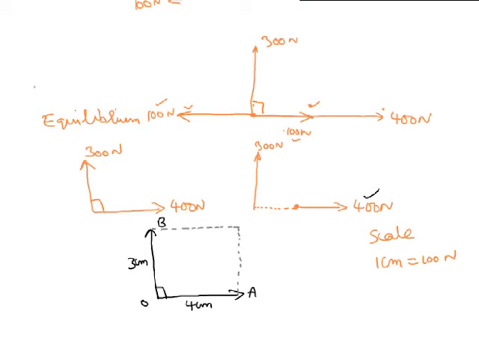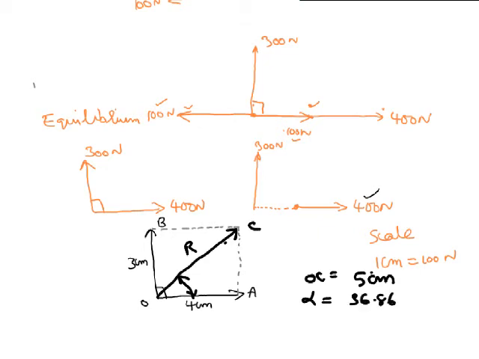In this case, the parallelogram is a rectangle, and you join this to find the resultant. If you actually take a scale and draw it, you will get this length OC to be 5 centimeters and the angle alpha to be 36.86 degrees.